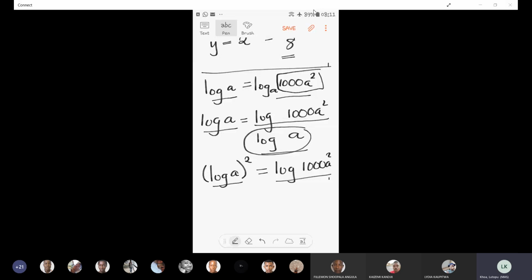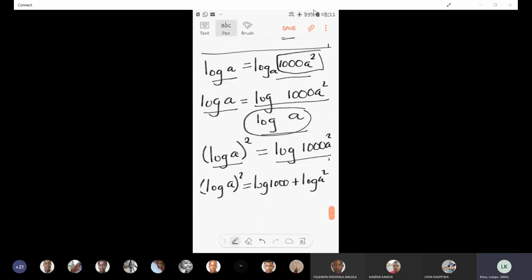You have 1,000 times a squared, that is a product. So when you split it, the product becomes a sum. So this is equal to log of 1,000 plus log of a squared.